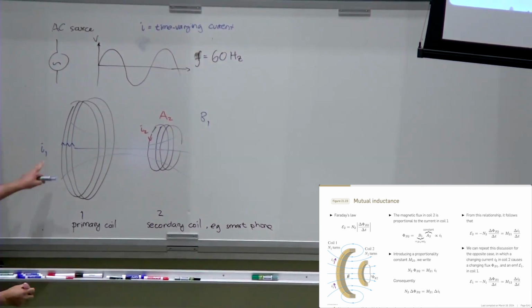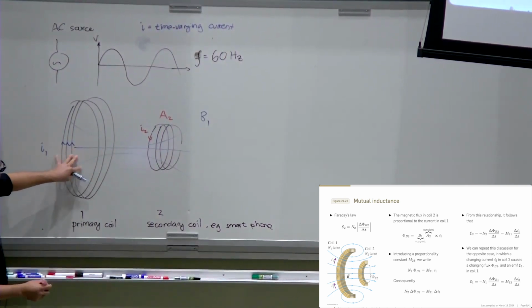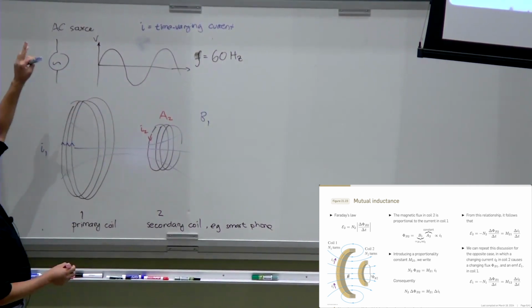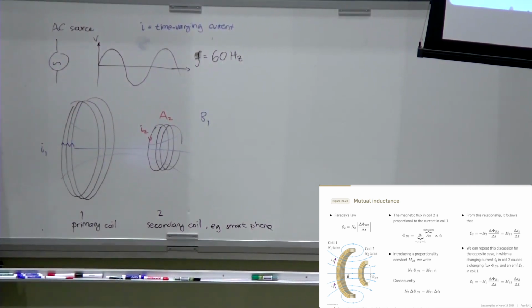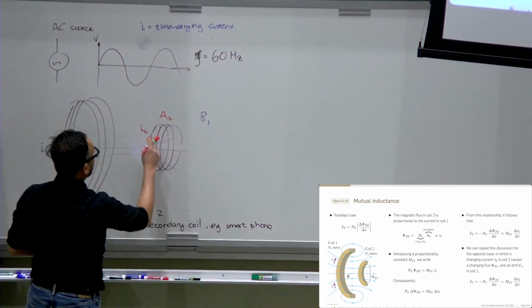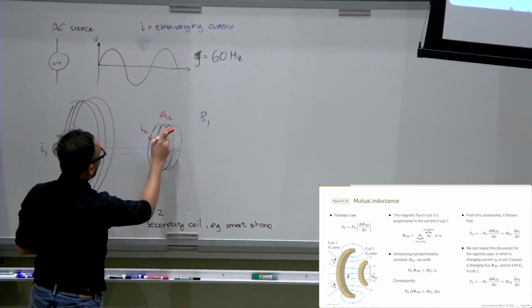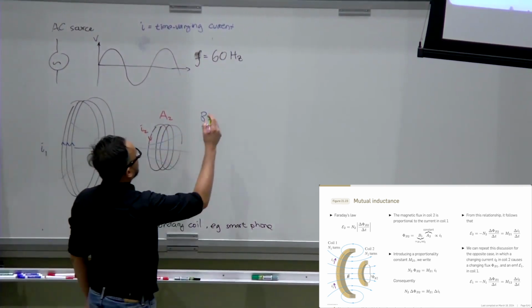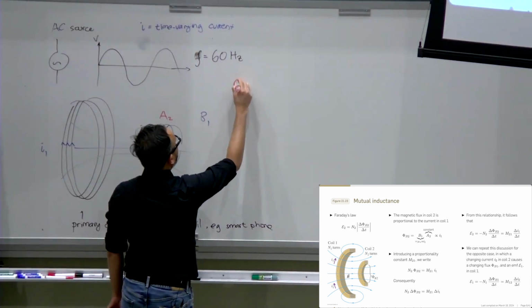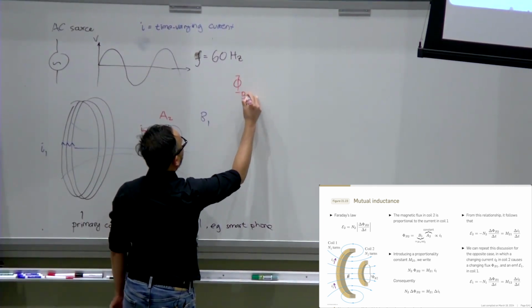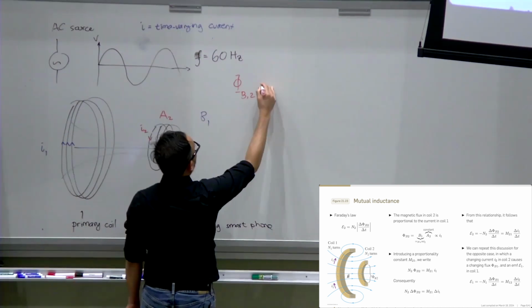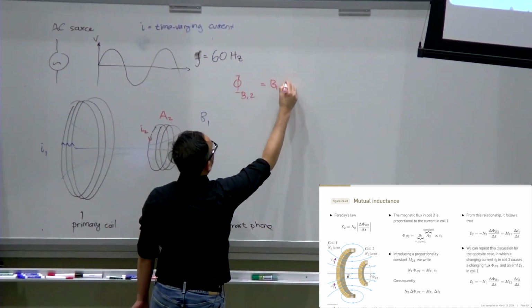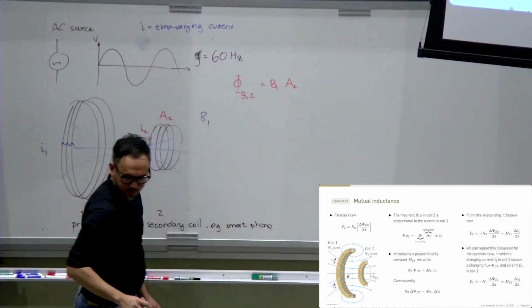So basically you have the first coil. It generates magnetic fields like the coil up there. And then the secondary coil has area A2. Then we can calculate the magnetic flux of coil number 2, which is B1 times A2.